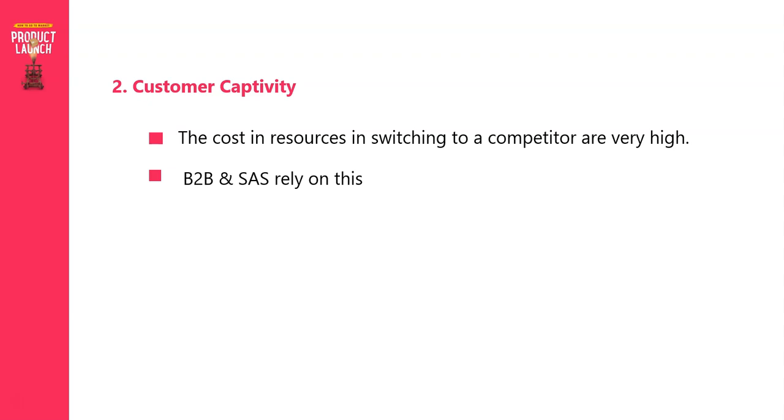B2B subscription software, SaaS, often rely on this, since switching to another SaaS provider will likely require implementation, data, process, and people change, all of which are costly to the business and politically taxing internally for the people involved.